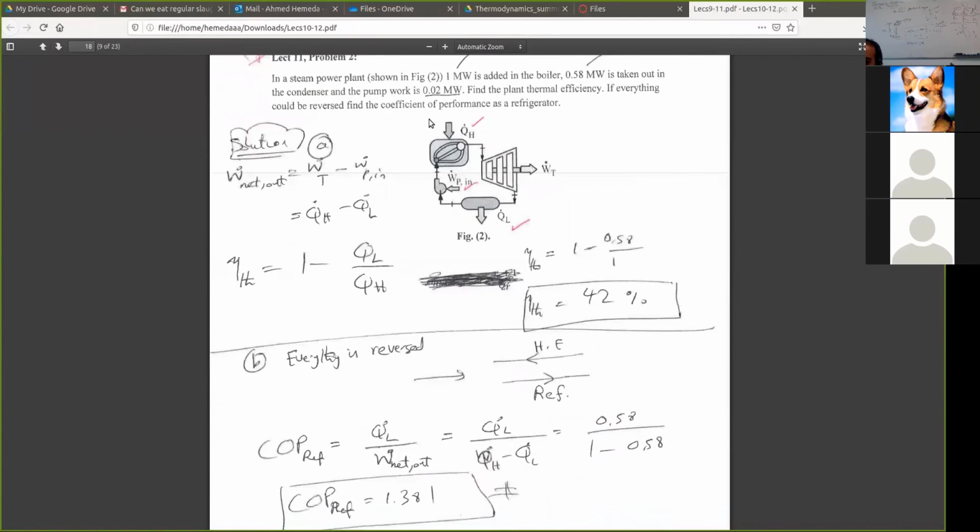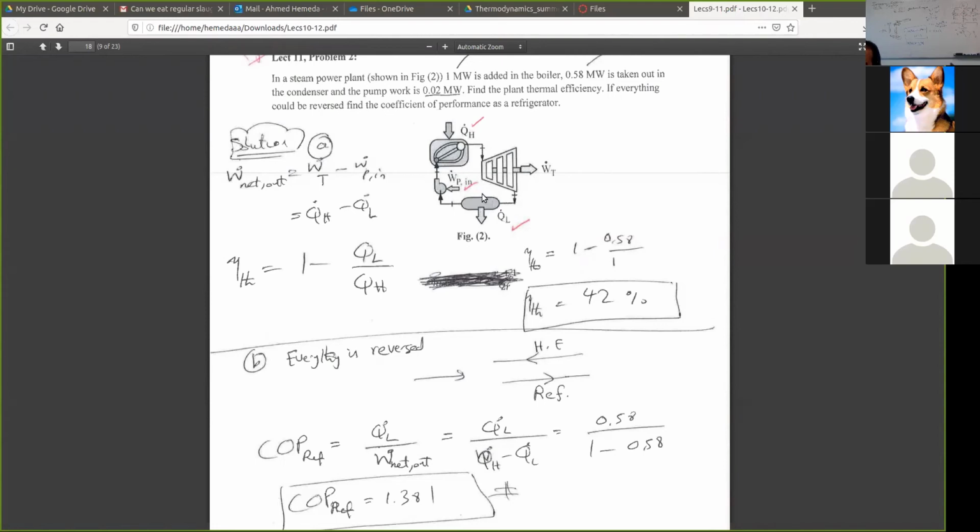So if everything is reversed, the heat engine is exactly opposite to the refrigerator, and exactly opposite to the heat pump. In a refrigerator, what I want is Q low. So you can use this engine to cool some stuff down by using Q low. It means you put something in the refrigerator, and it becomes colder than what it was.